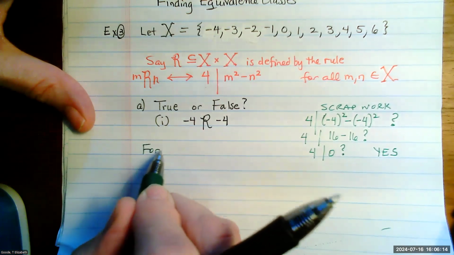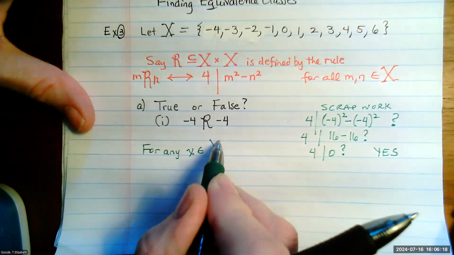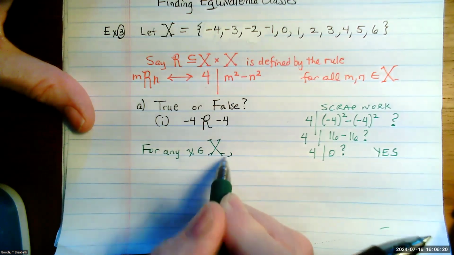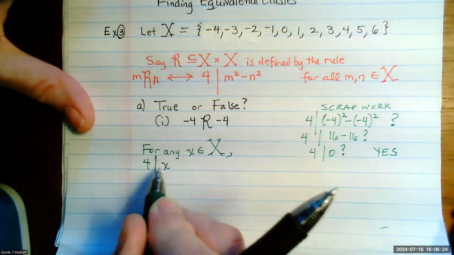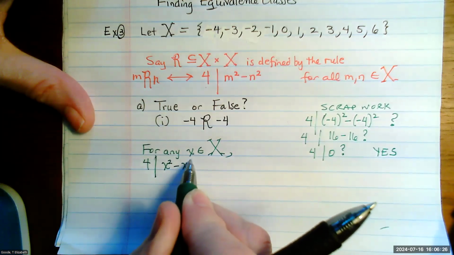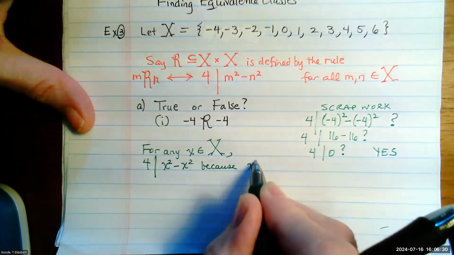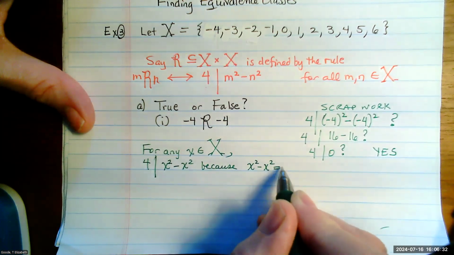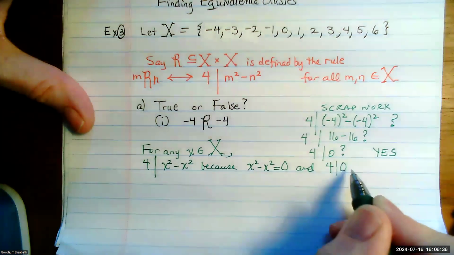So for any x in this set, big X, 4 will divide x squared minus x squared, because x squared minus x squared is always equal to 0 and 4 always divides 0.